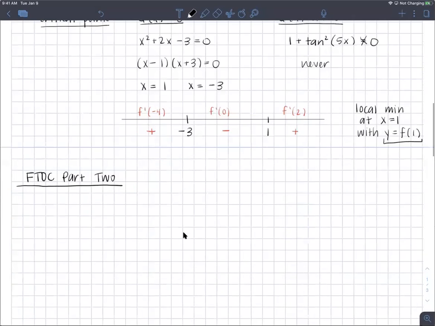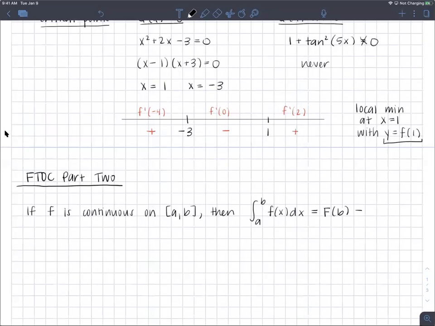But so here, and this is very important, if little f is continuous on the closed interval from little a to little b, then the integral from a to b of f of x with respect to x is going to equal the antiderivative of f evaluated at b minus the same antiderivative of f evaluated at a.